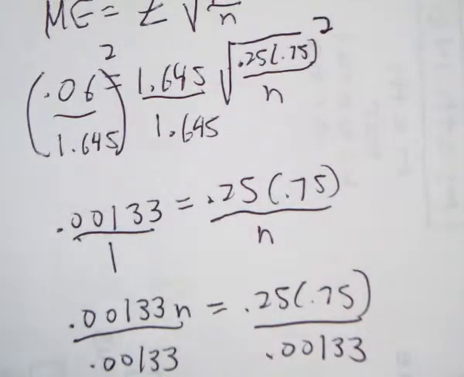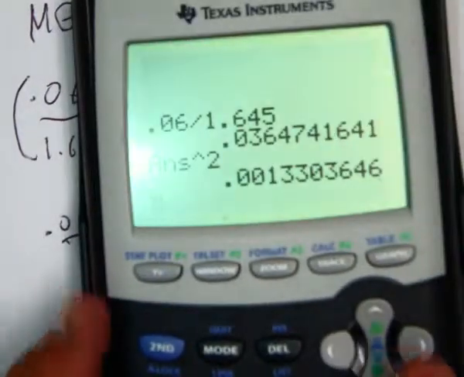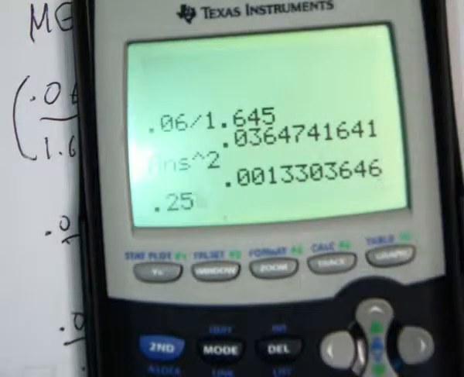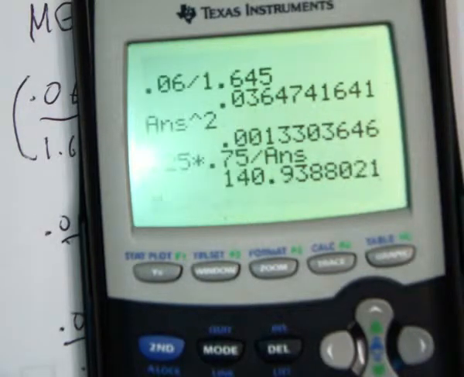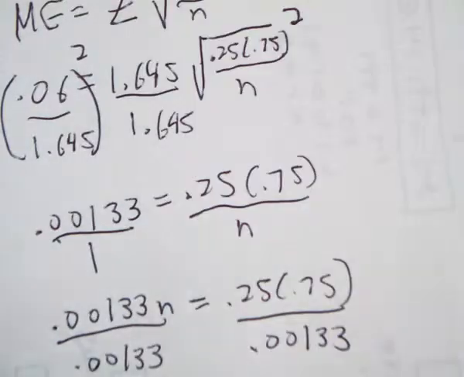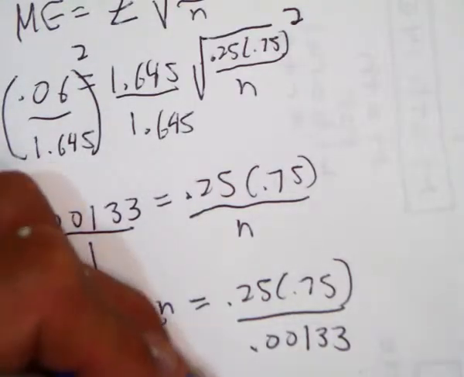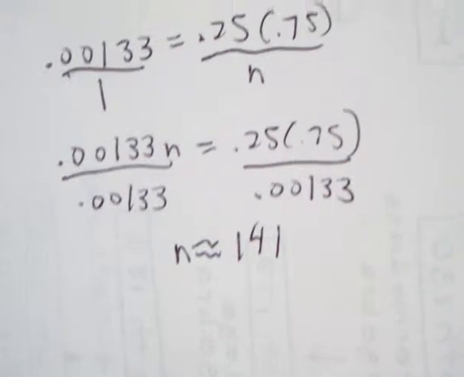That's what n is going to equal. So I'm going to say 0.25 times 0.75 divided by this answer right here. And if I do that, I get about 141. So n is about 141 people.